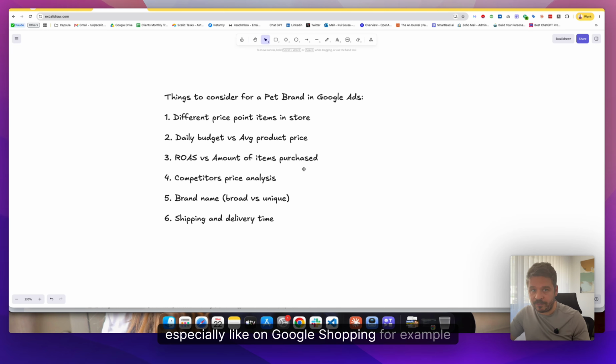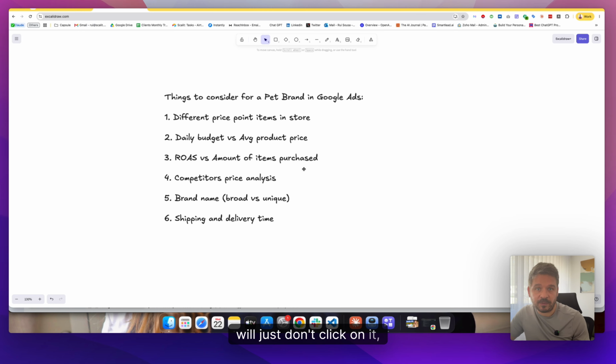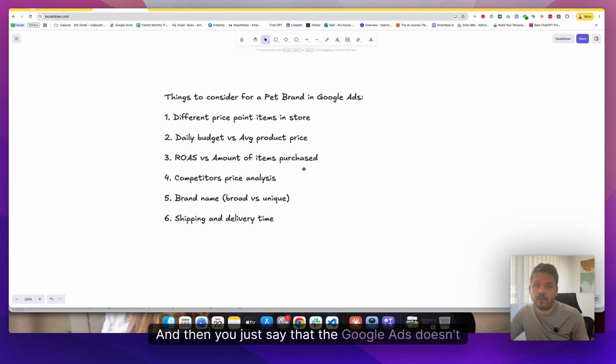especially on Google Shopping, for example, your product appears on the side of all of the other products. If your product is the most expensive one, like when someone is looking for dog-related stuff, people will not buy it, right? Or if you have an amazing feature, you need to put it right in the copy, or people just won't click on it. And then you say, oh, Google Ads doesn't work.